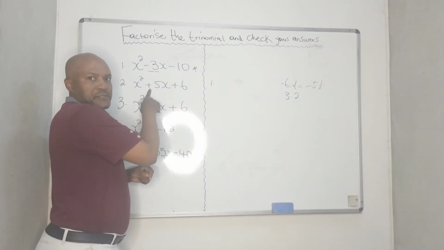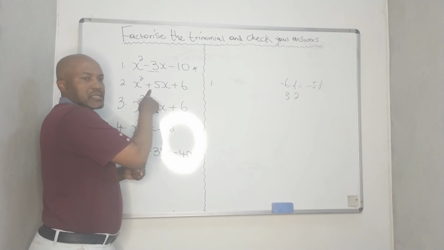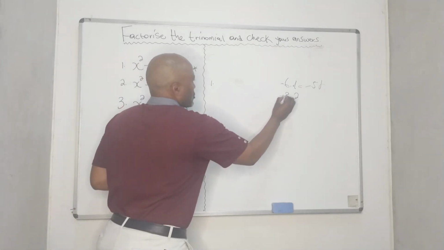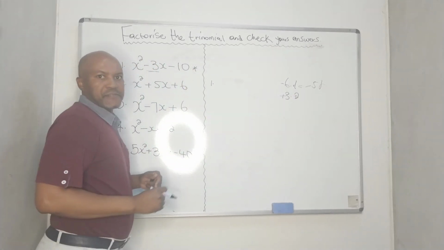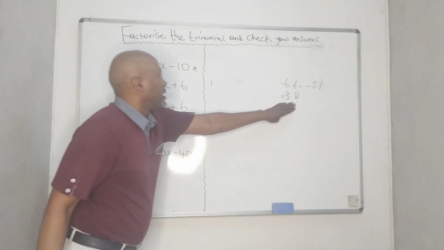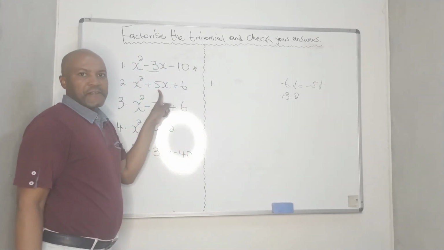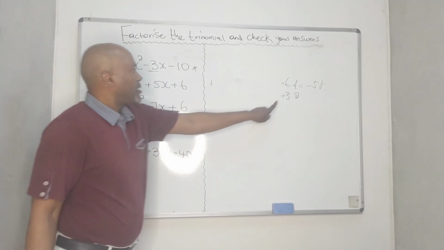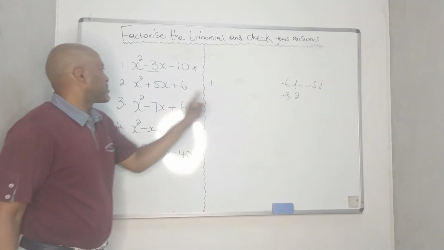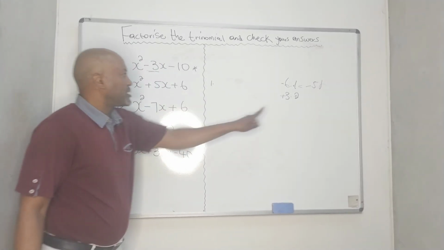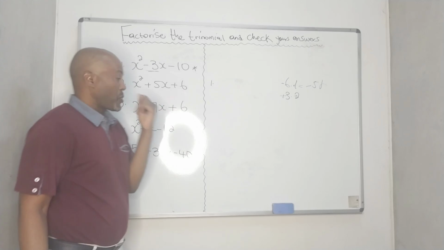Obviously, you've got a positive sign in the middle here. It means the 2 should take a positive sign. So if you add these, you're going to get 5x. Now, when you multiply them, you get 6. So it means those factors are correct.